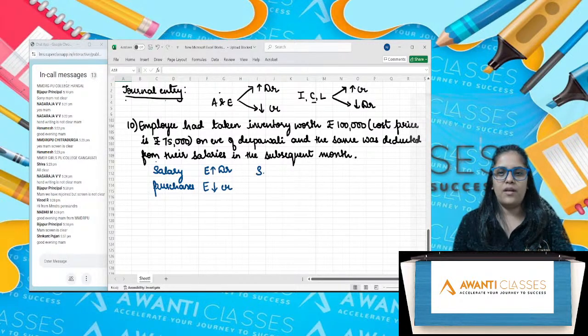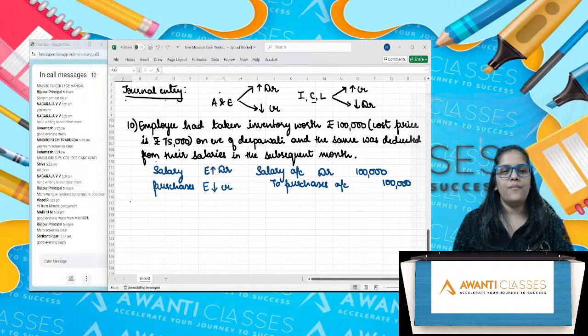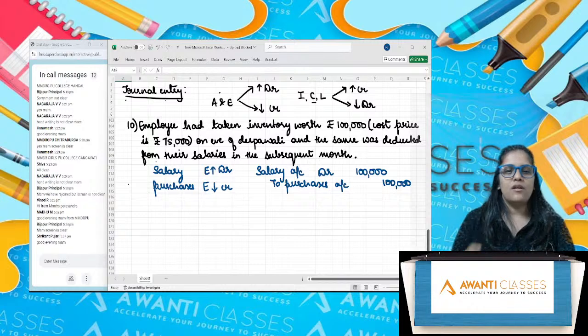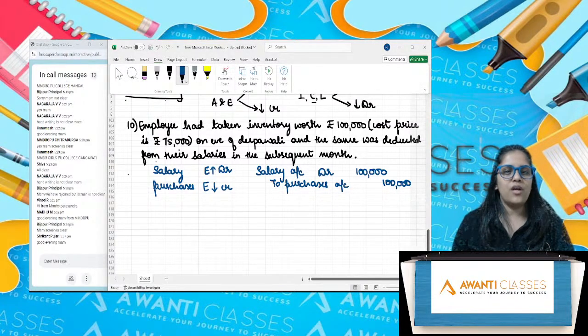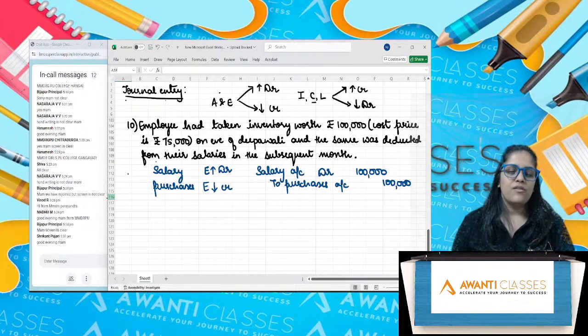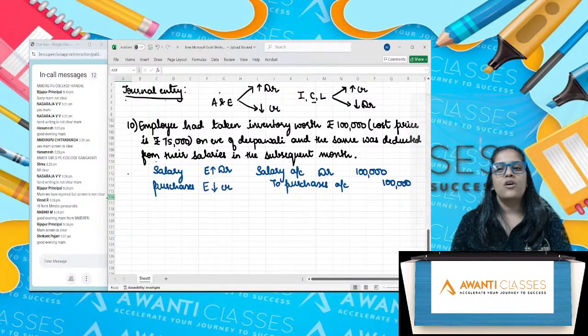So the journal entry will be salary account debit to purchases account 1 lakh. Okay. Can anybody tell me that this journal entry, whenever goods are going out for free, should be recorded at cost price or selling price?